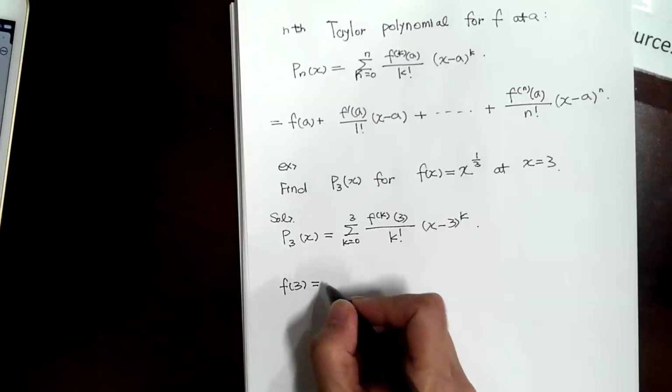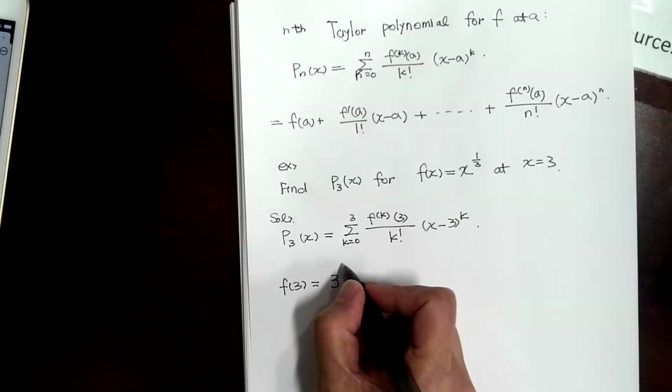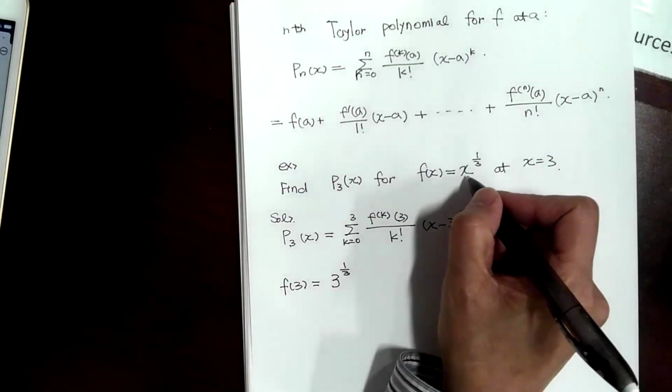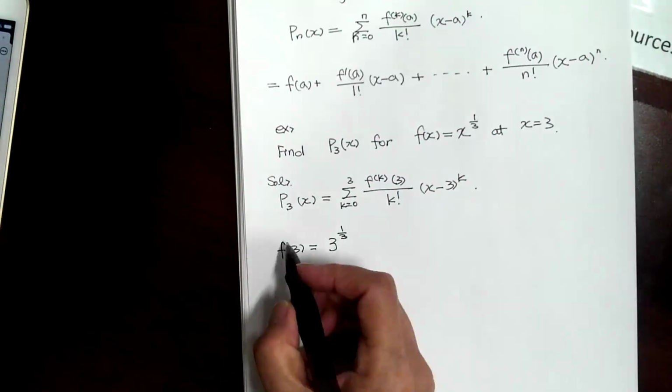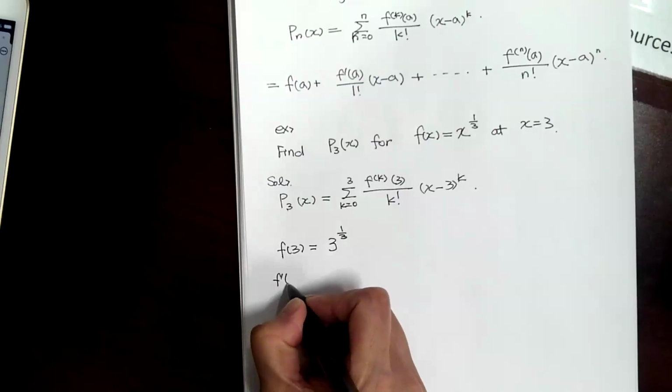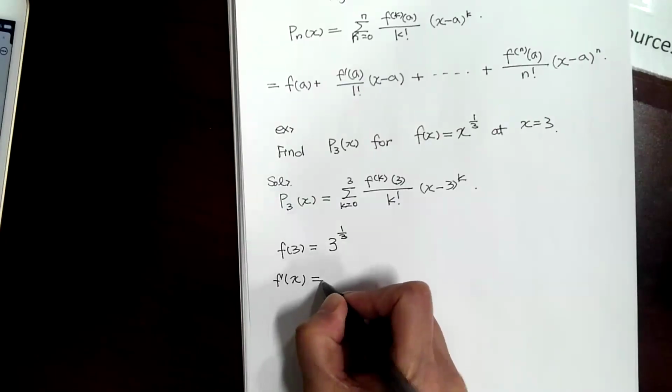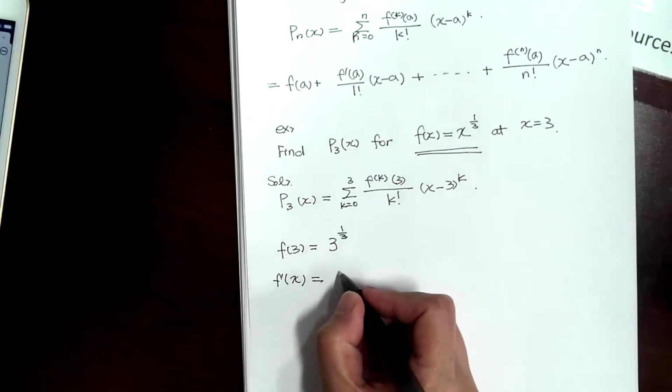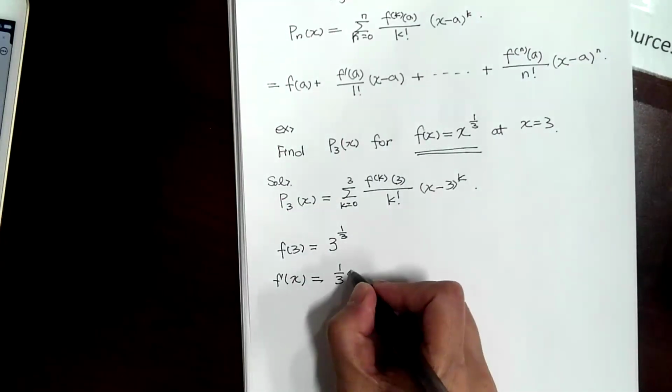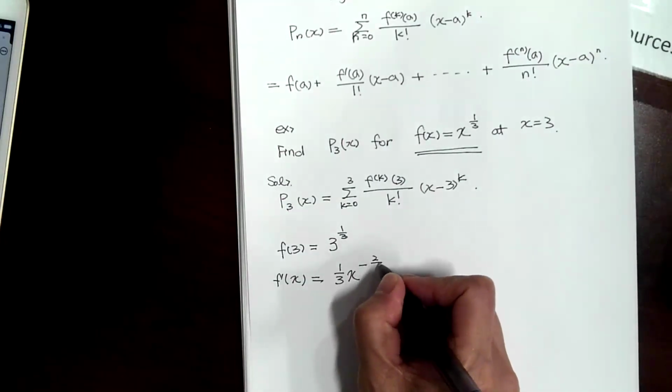f of 3 is 3 to the 1/3. I just plug it in. And f prime of x is the derivative of this, which is 1/3 x to the minus 2/3.